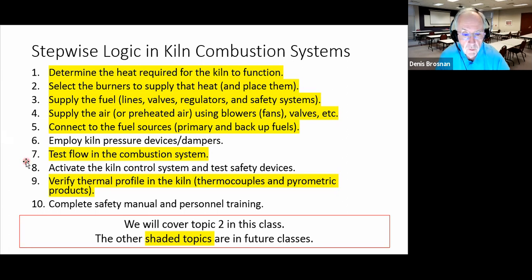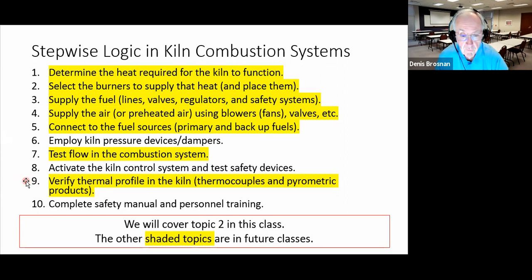We're going to talk later in the course about testing the flow in the combustion system. We're not going to talk too much about the kiln control. That should be in manuals and training aids supplied to you by the manufacturer of the kiln, and they should certainly address safety devices.